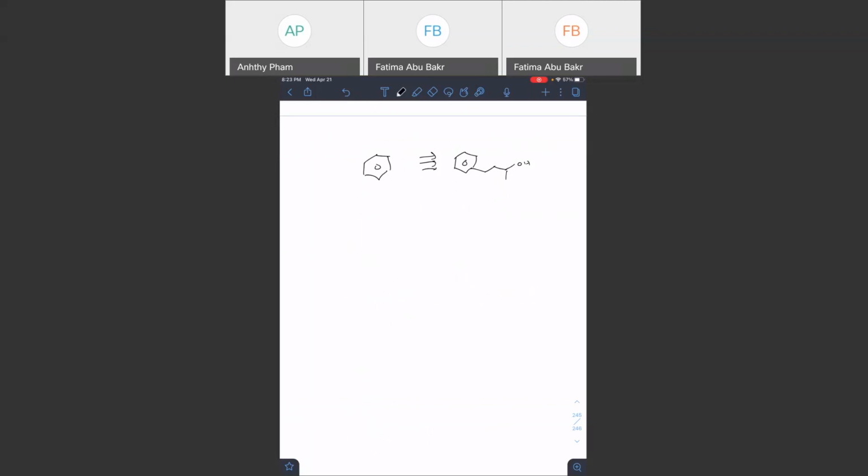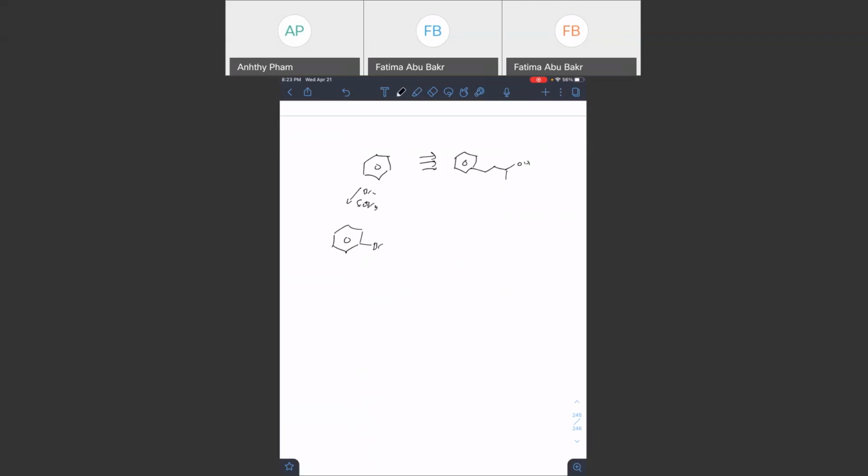How are we going to do that? This is really complicated because we have to be able to attach that whole chain on. So probably the best way to start would be to do Br2 and FeBr3, because that's the only way of attaching something onto a ring that would be helpful for us. That gives us a Br in the desired position.